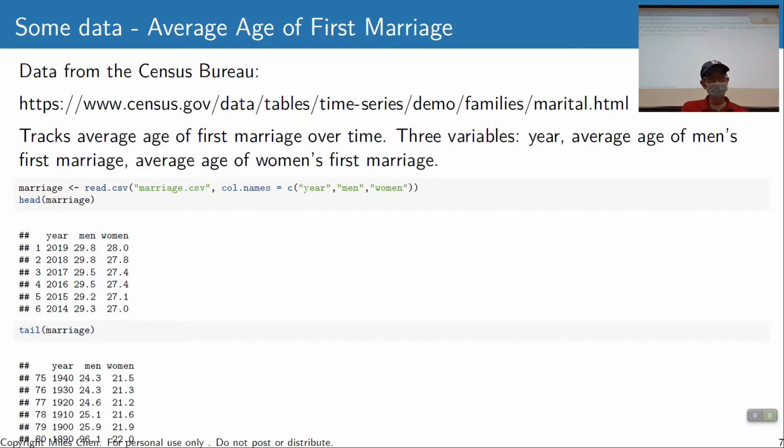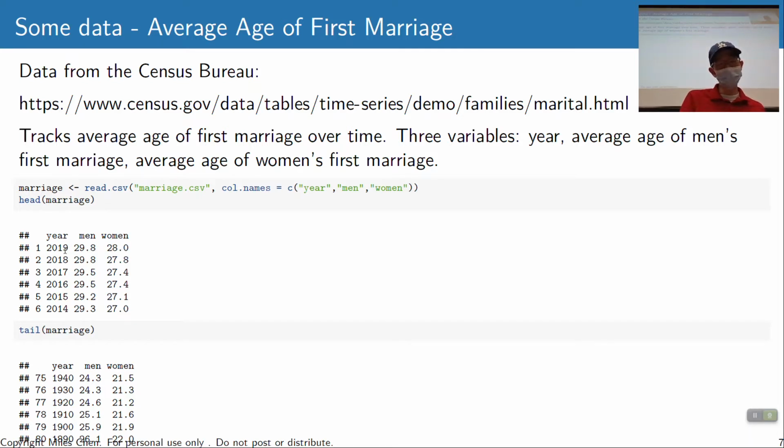It's not saying that this person married this person. The data set just looked at men and women, and I understand that it wasn't very inclusive of people who didn't identify as men or women, but this is our data set here.